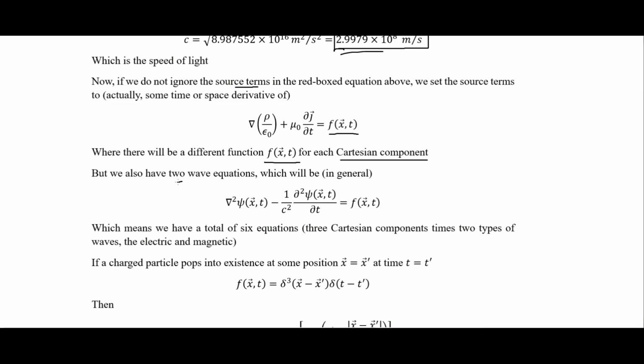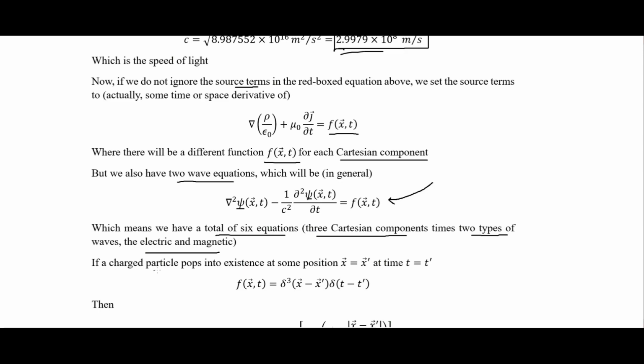But we also have two wave equations, which in general look like this, where this psi could be either the electric or magnetic field, which means there would be a total of 6 equations. So the 3 Cartesian components times the 2 types of waves, electric and magnetic.